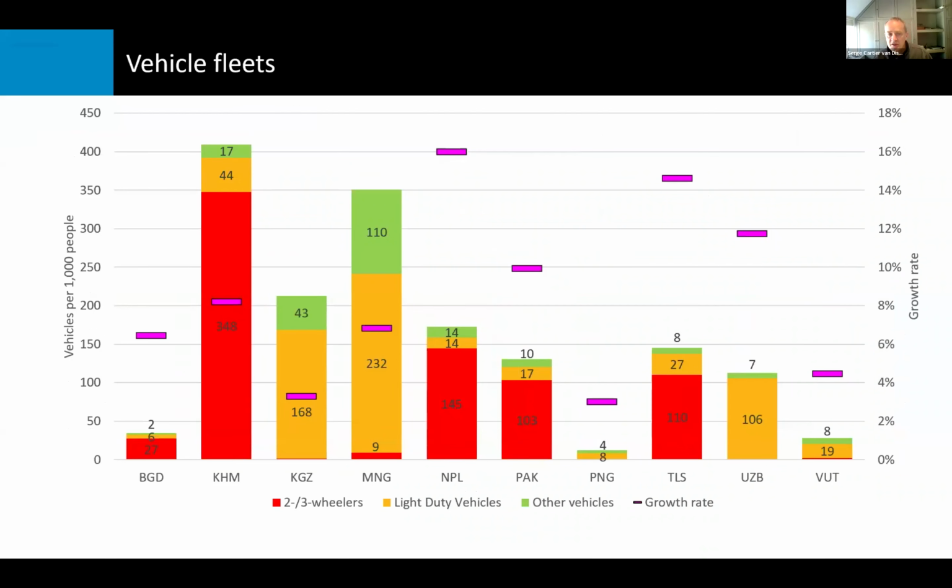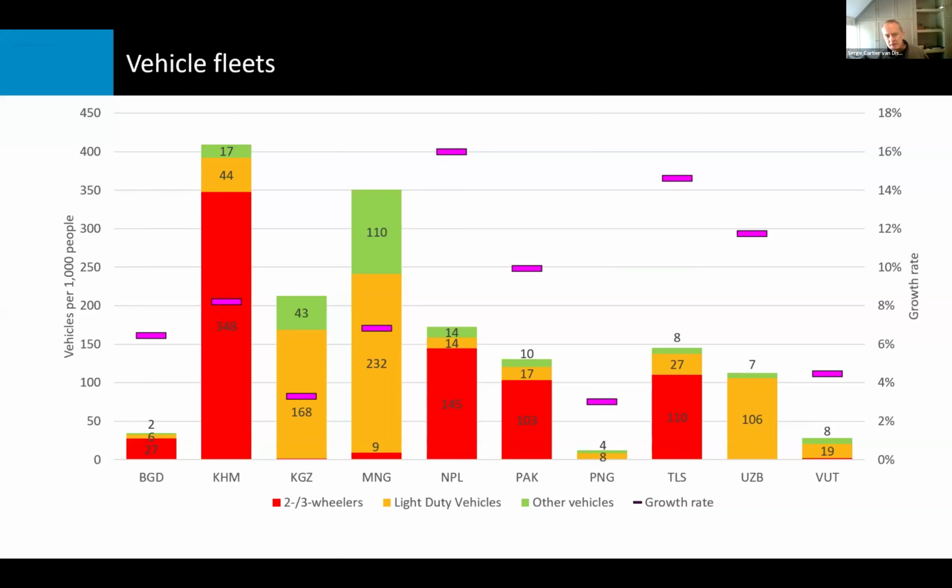And there again, you see differences. In 5 of the countries, we see a very large portion of two- and three-wheelers: Bangladesh, Cambodia, Nepal, Pakistan, and Timor-Leste. In the other countries, we see hardly any two- and three-wheelers, and it's mainly light-duty passenger cars that form the majority.